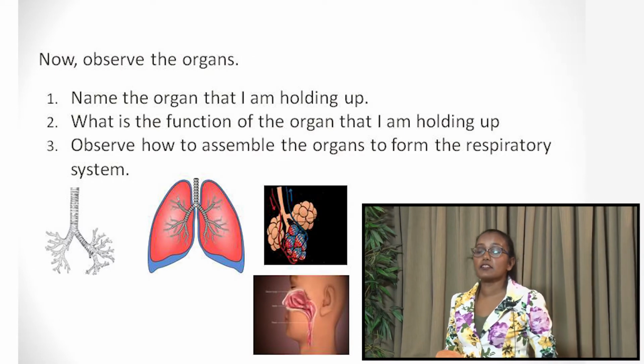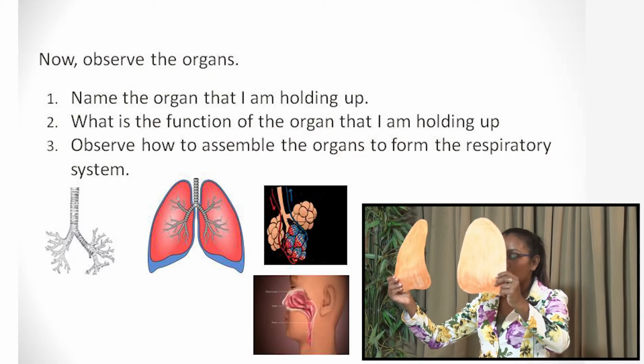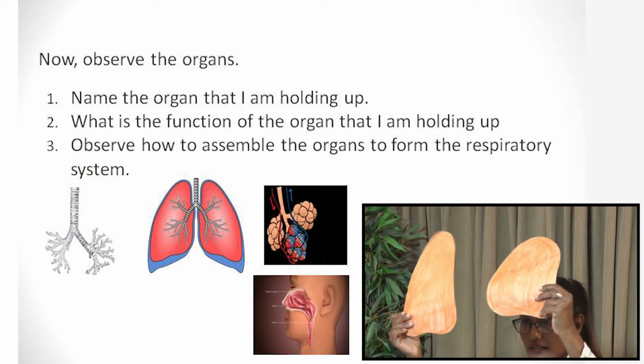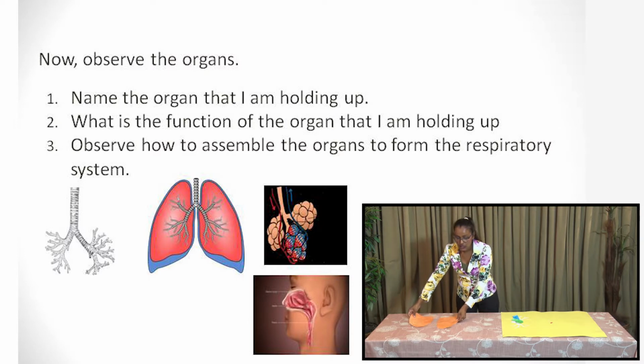Now I want you to observe these organs again, and you're going to name them for me. What is the name of this organ? Good, it's the lung. Do you know what is the function of the lung? Good try. Very good. It helps the oxygen and the carbon dioxide to be exchanged.